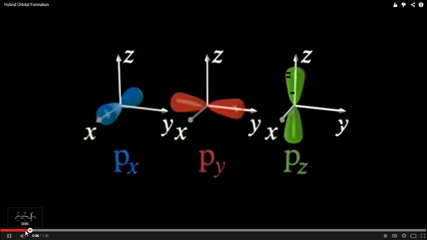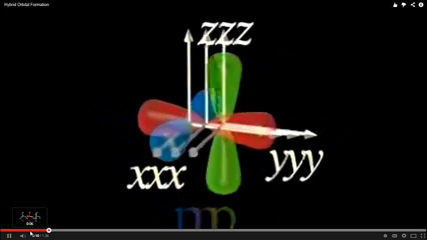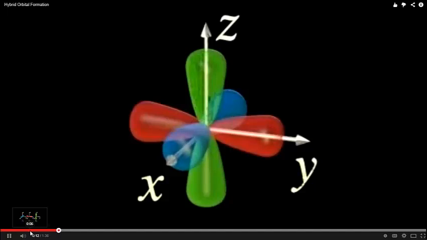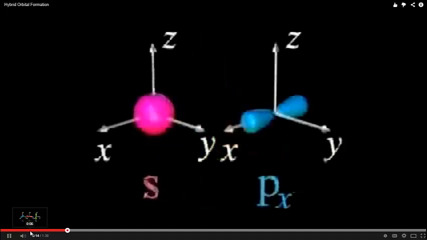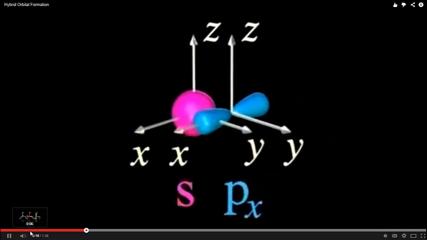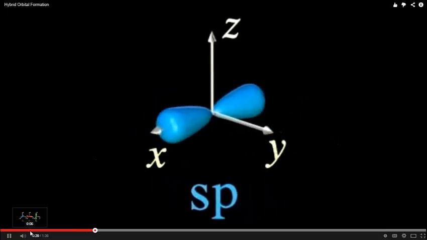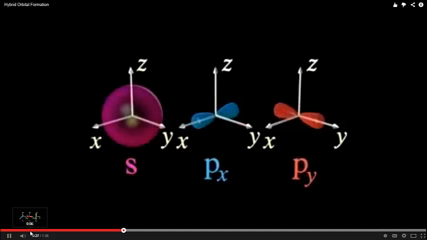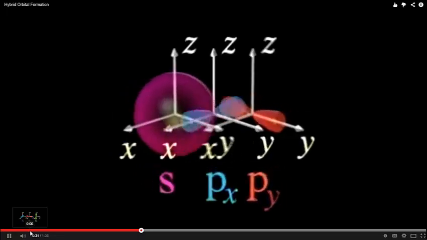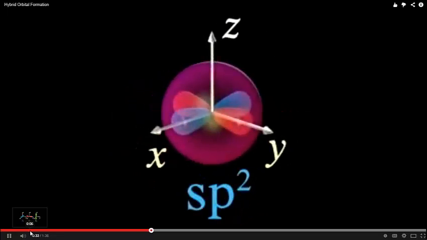The 3 p orbitals are directed along the x, y, and z axes. When we mix an s and a px orbital, we produce 2 hybrid orbitals called sp pointed in opposite directions along the x-axis. Mixing of an s with the px and py orbitals produces 3 equivalent hybrid orbitals in the xy plane.